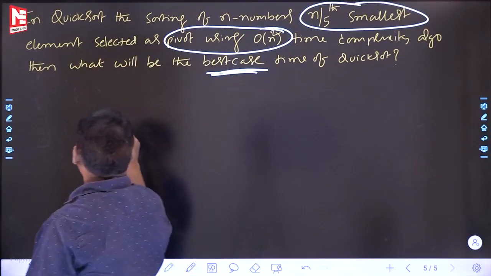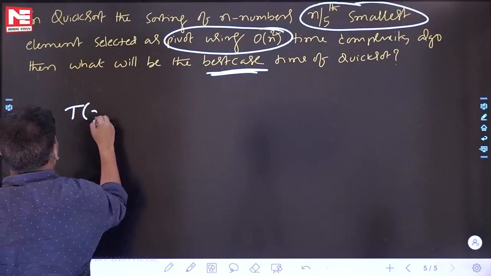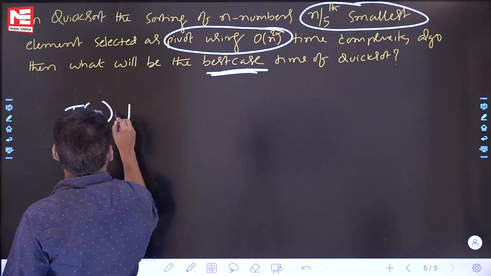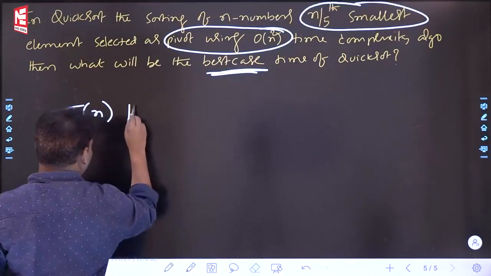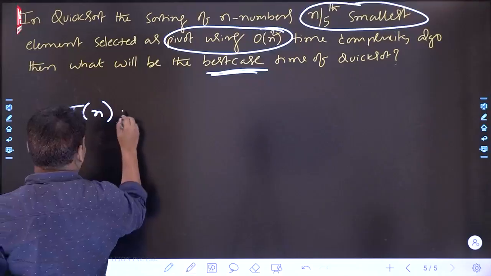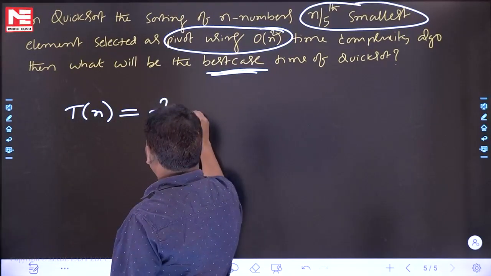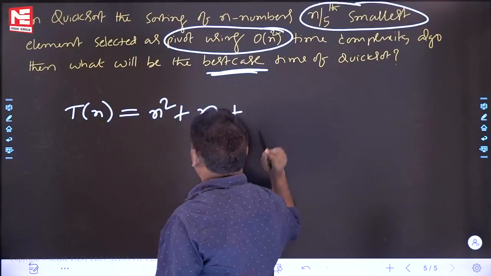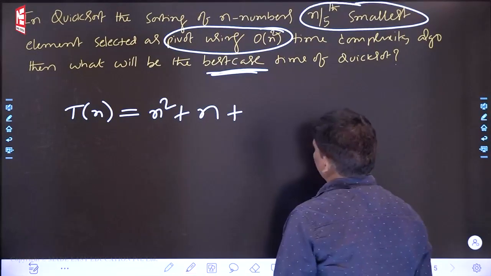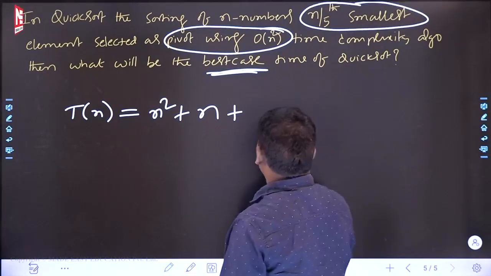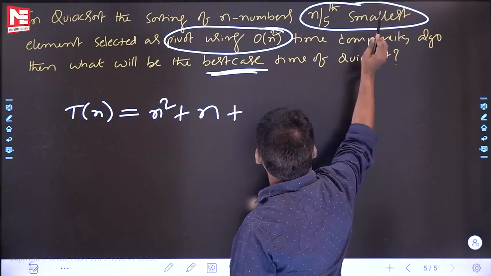Now I am starting. See the answer. Time complexity of the quicksort T of n is equal to. See the answer. Pivot selection n square. Partition algorithm n. Next one, how did you divide? N by fifth smallest element you selected.